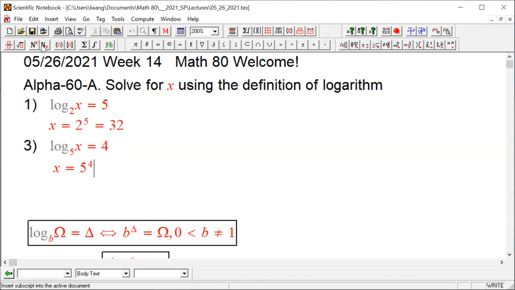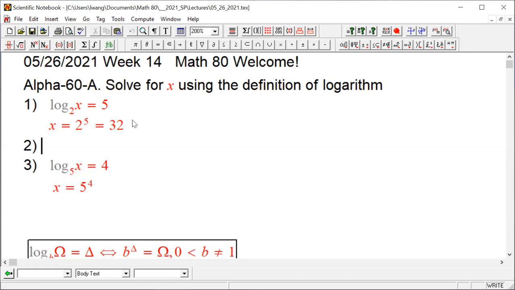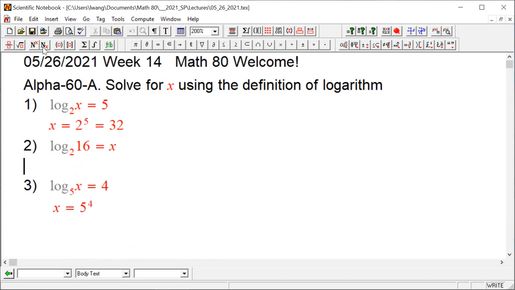So let's look at number 2. Log base 2 of 16 is equal to x. So what does x equal? It looks a little different from the other equations we had.